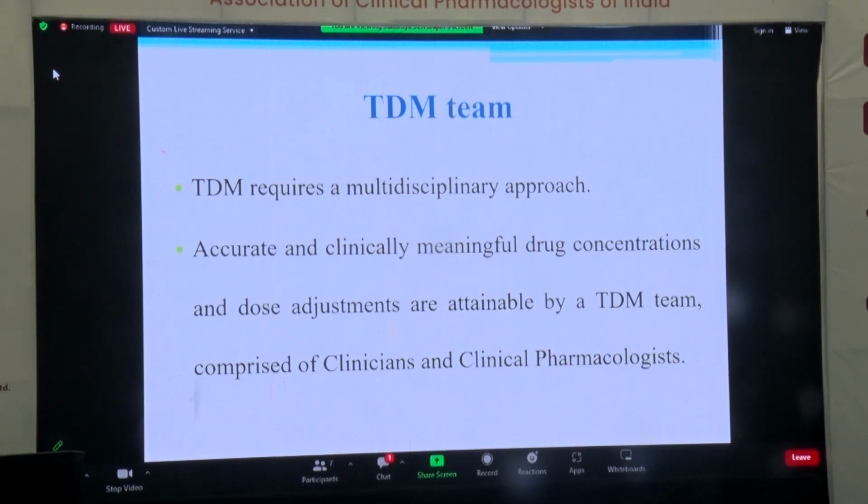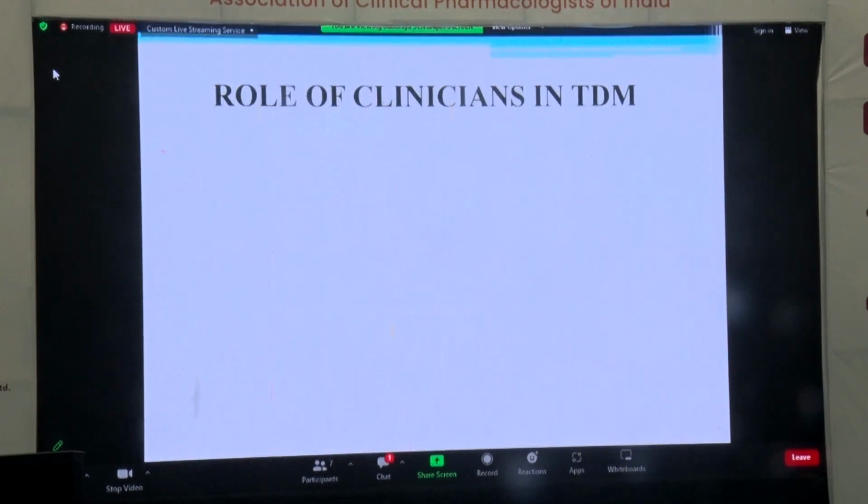So all of them should work as a team and discuss all the queries related to the value and take an appropriate decision. Then only TDM will be a successful thing.